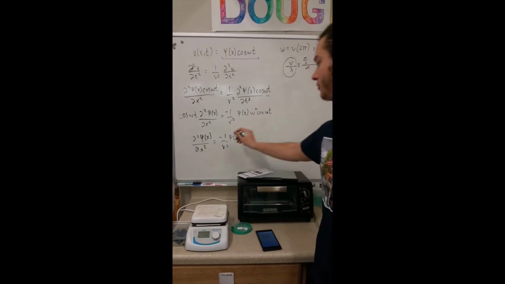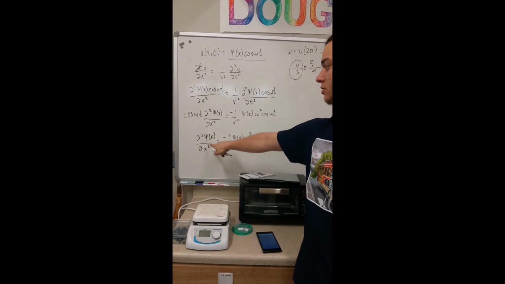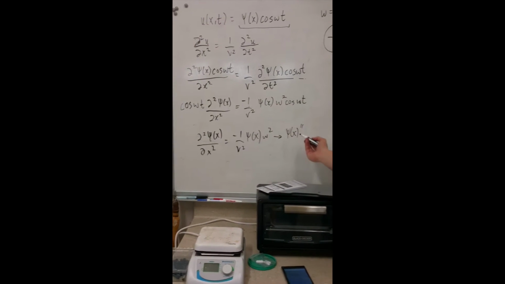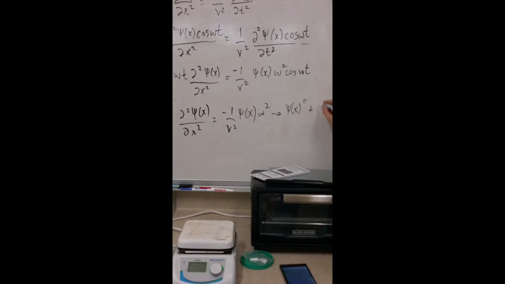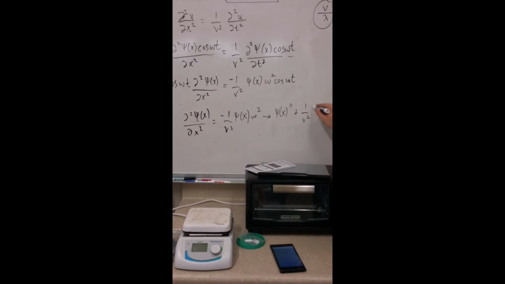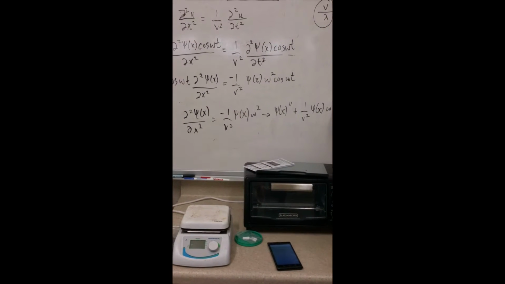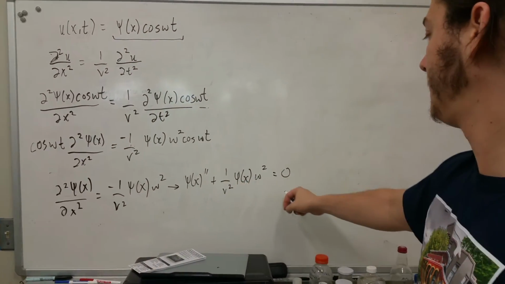All I'm going to do is move this part to the left. And I'm also going to change this notation to the simplified double prime notation for derivatives, just like that. So that's the second derivative with respect to x. And I'm going to add 1 over v squared psi of x omega squared. Okay, so this is where we are now.